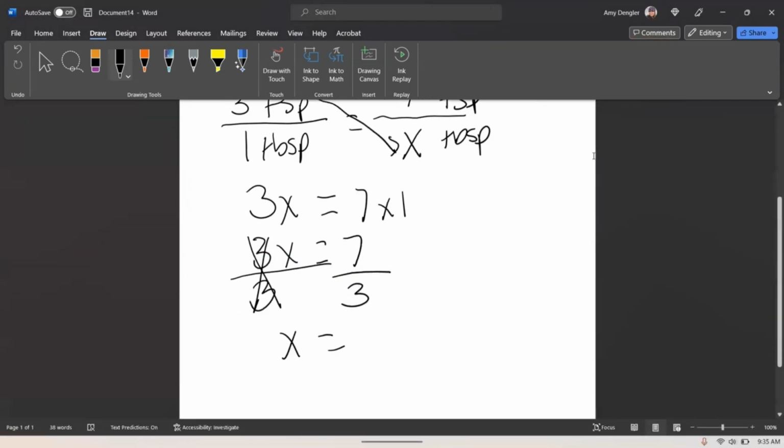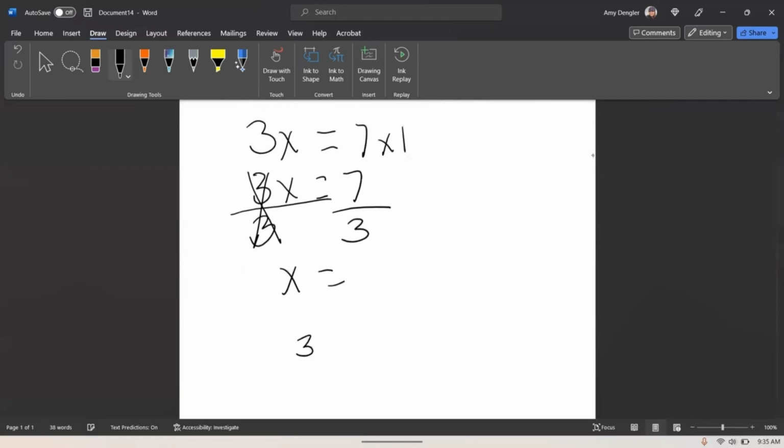We need to leave it as a fraction, but we cannot leave it this way. So what we need to do first is do 3 into 7. How many times does it go in there evenly? Well, 3 times 2 is 6, and 3 times 3 is 9, so it's going to be 2. So 3 times 2 is 6. We have 1 left. So that becomes our numerator, and our denominator becomes the 3. So our answer is 2 and 1/3.